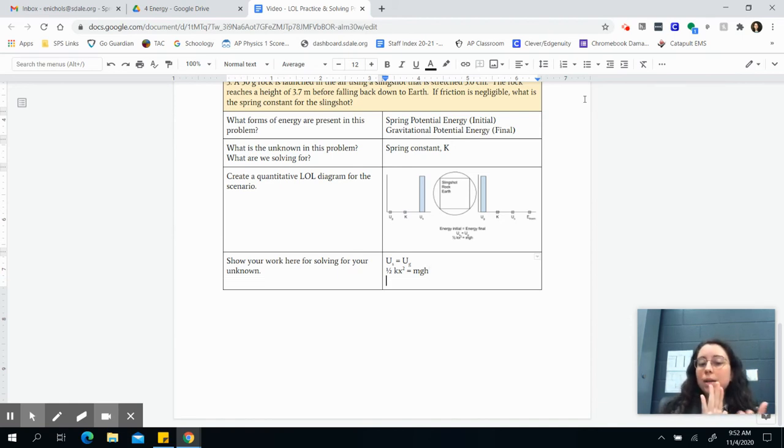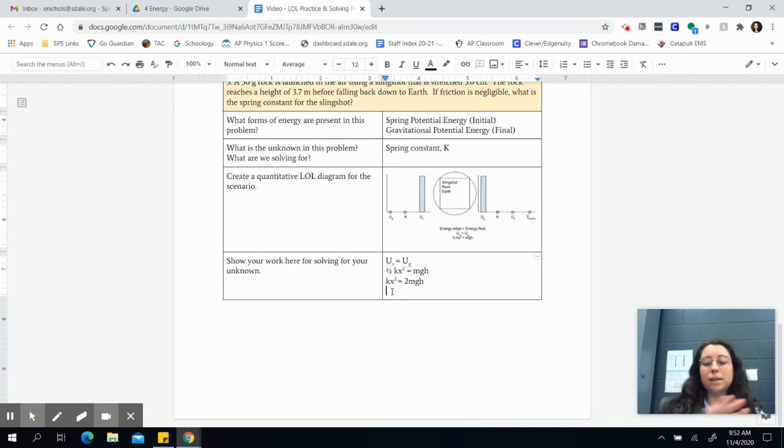Okay, so if I want to get k by itself, I need to get that 1/2 to the other side. So this is going to become kx squared is equal to 2mgh, because I just multiplied by 2 on both sides. And I want a lowercase k.